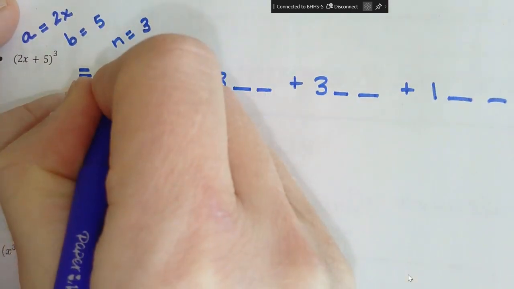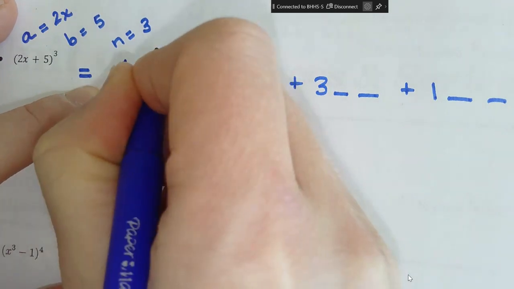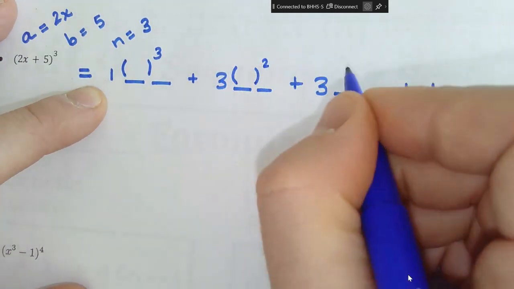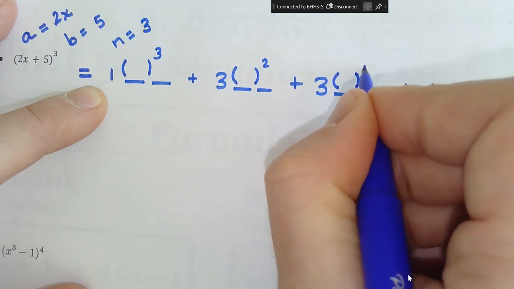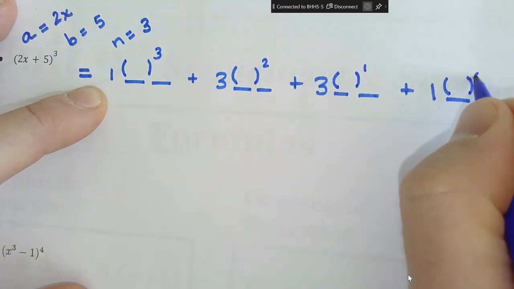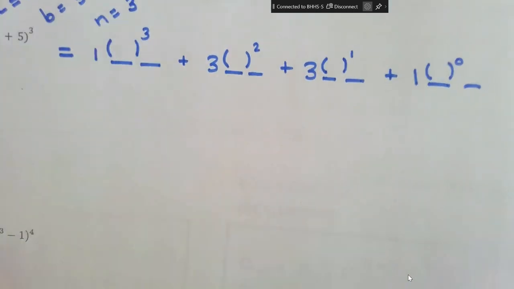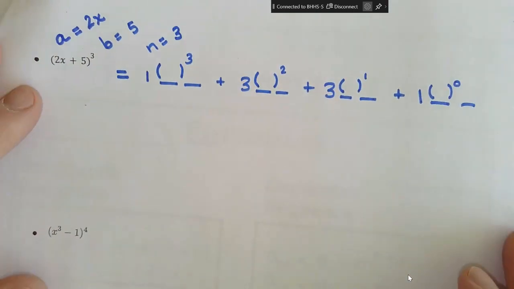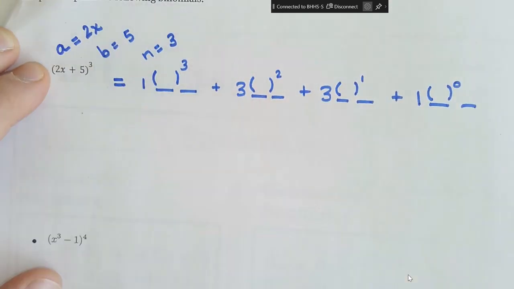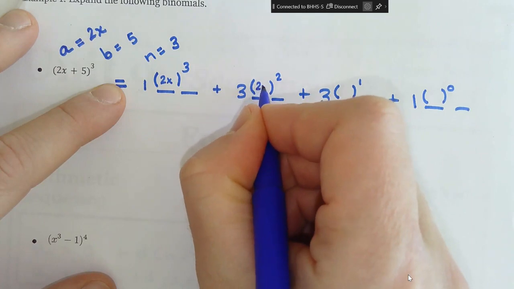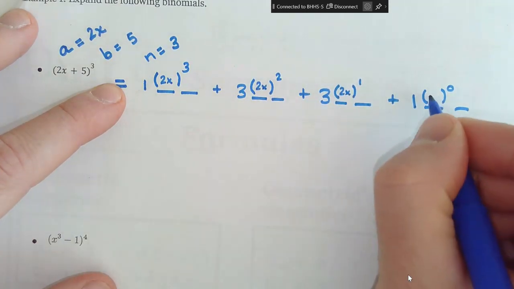Next step I'm going to do with you. You want A to be to the third power, to the second power, to the first, and then to the 0 power. And since A is 2x, that means it's all of 2x that goes in those parentheses.